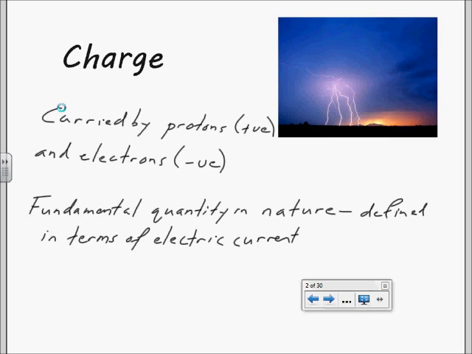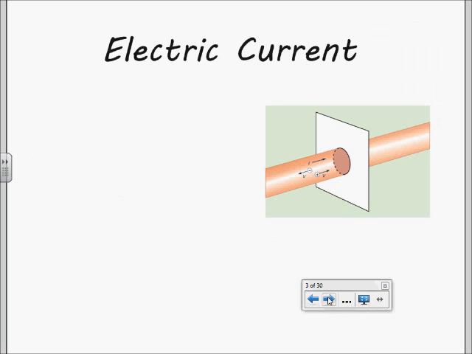Alright, so what do we mean, first of all, by electric current? We've got a diagram over here on the right that's showing a conductor. I do note that it's got both positive and negative charges moving. Generally speaking, it would be the negative electrons that are doing the moving when we have an electric current. So what's an electric current?